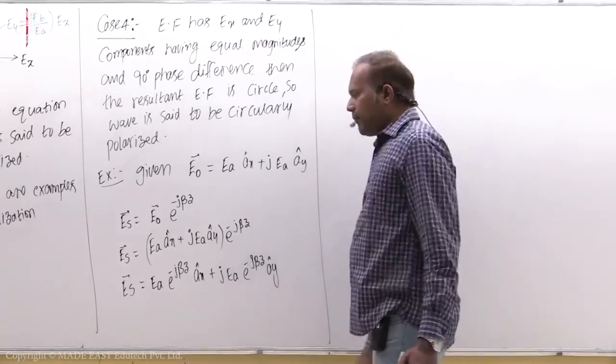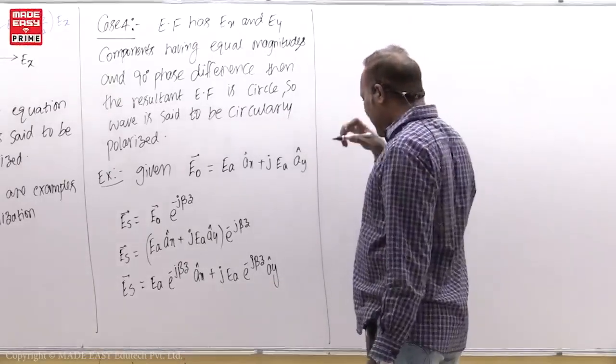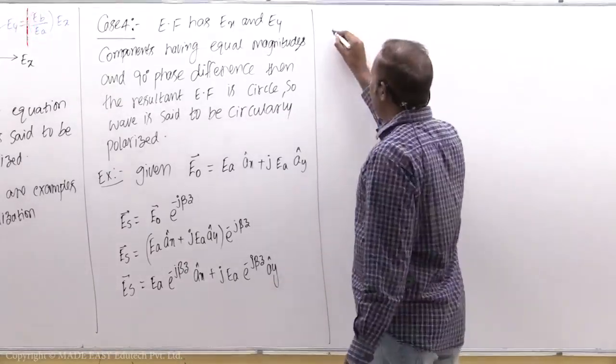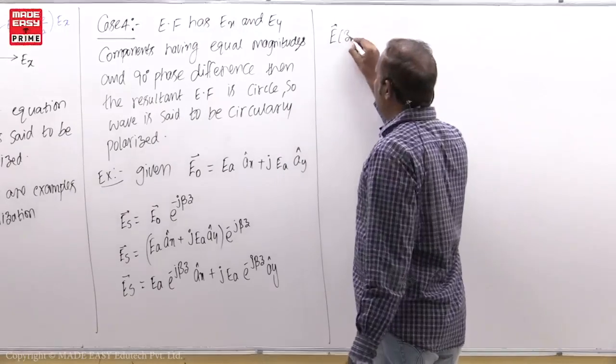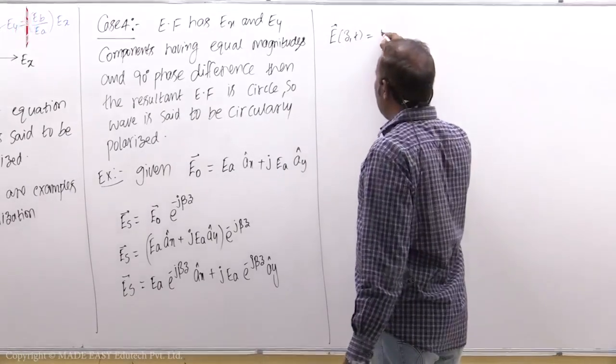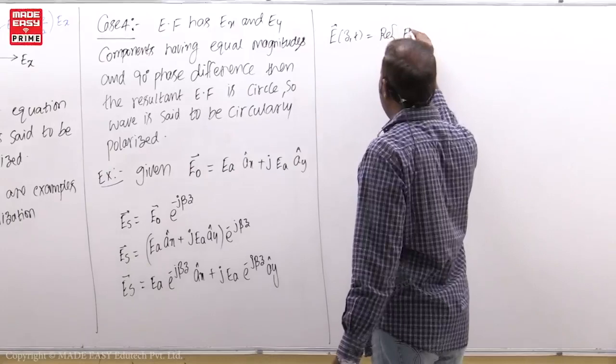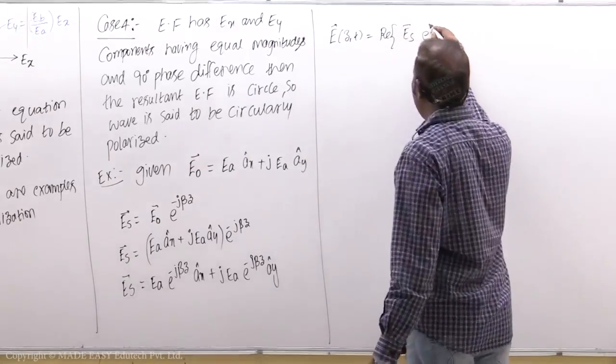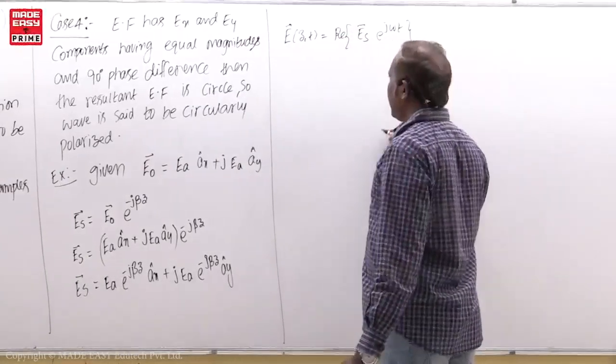Now this electric field is in the phasor domain. If you want it in the time domain, then the electric field vector in time domain is equal to the real part of the phasor electric field multiplied with e power j omega t.